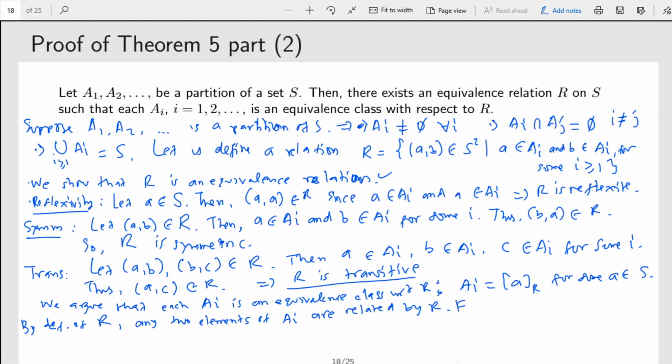Furthermore, A_i is not empty by definition of partition.